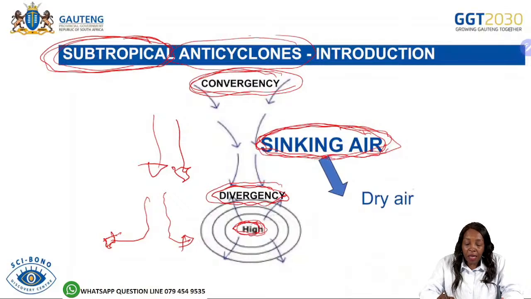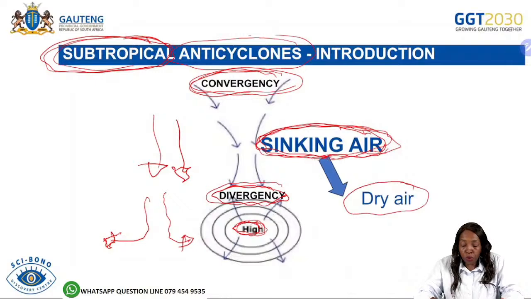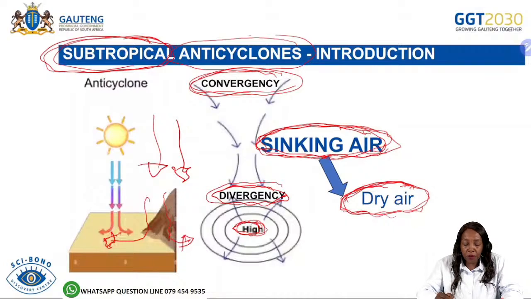The sinking air is dry. Remember, it is from the higher altitudes in the atmosphere. So due to loss of heat, it cools down, and then as it sinks, it comes down as dry air, which then results in the development of the high pressure.